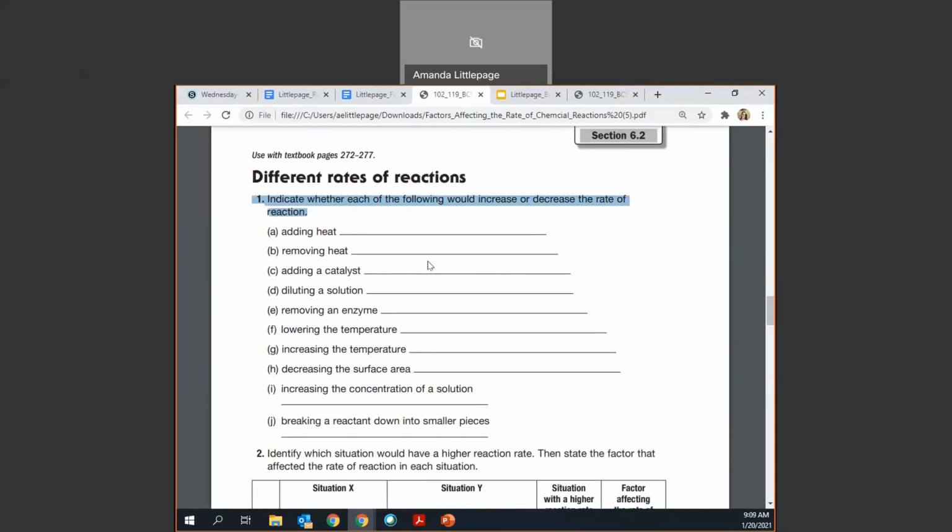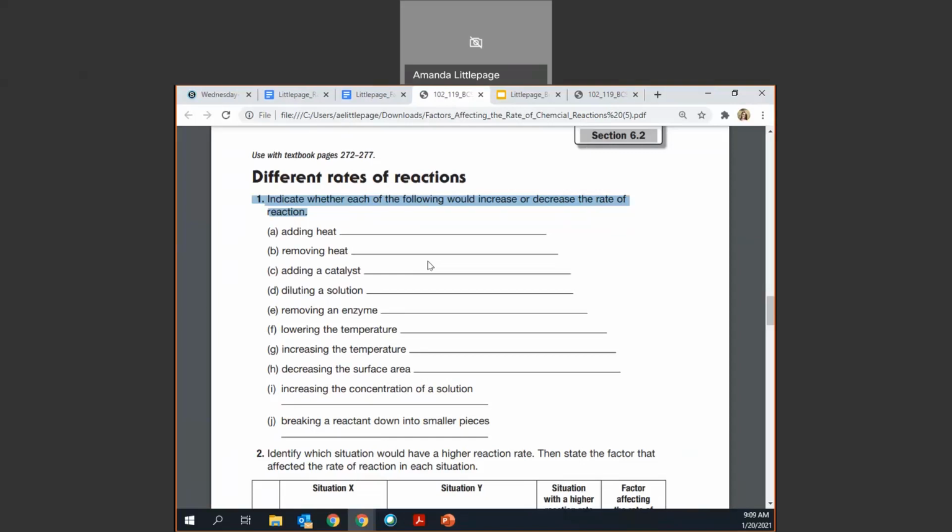So letter A, adding heat increases the rate of the reaction. B, removing heat decreases the rate. Letter C, adding a catalyst increases. D, diluting a solution decreases the rate. E, removing an enzyme decreases the rate.